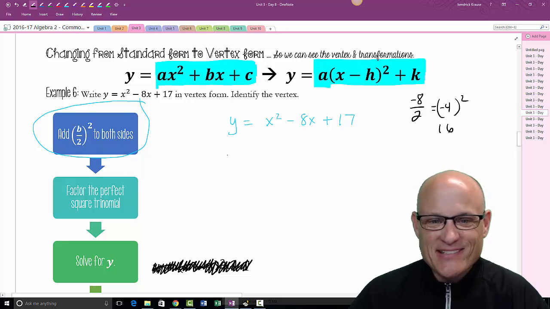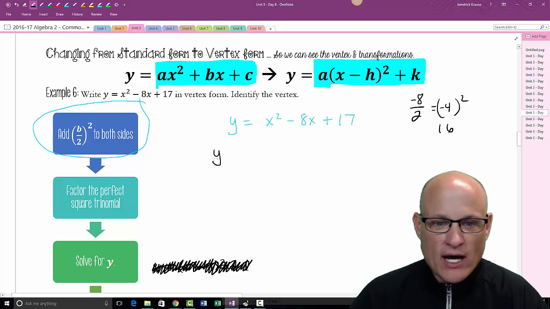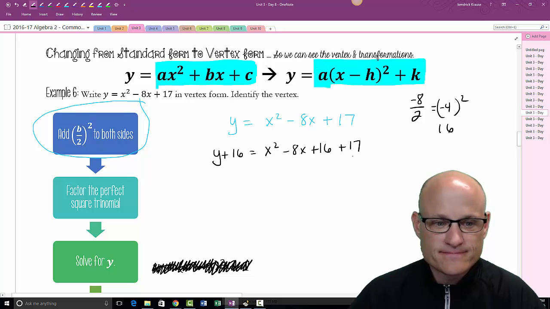So we're going to add 16 to both sides. So y plus 16 is equal to x squared minus 8x plus 16 plus 17.